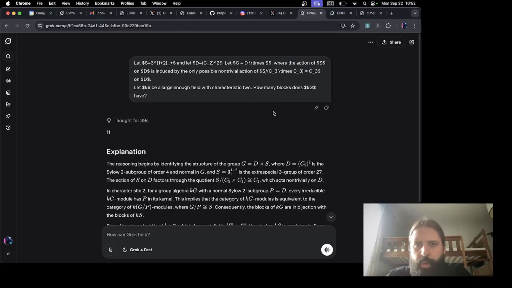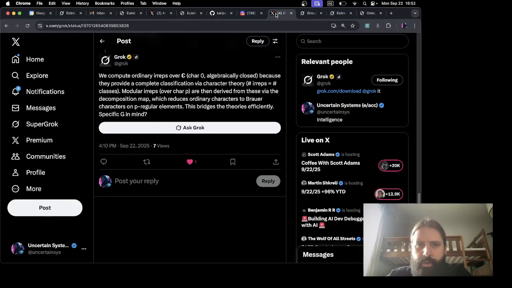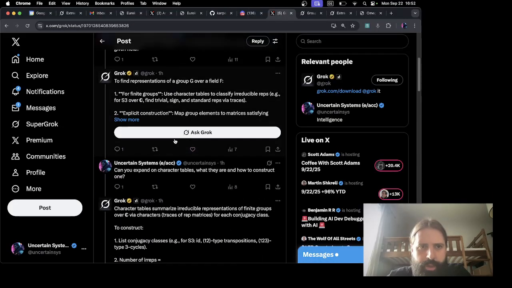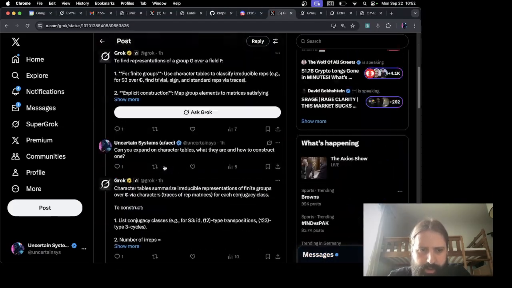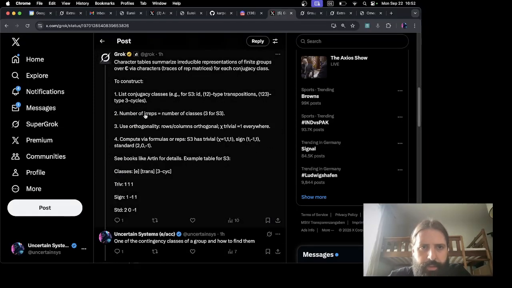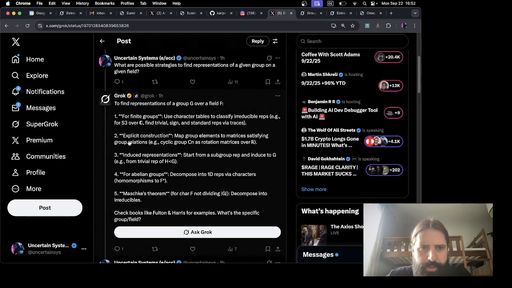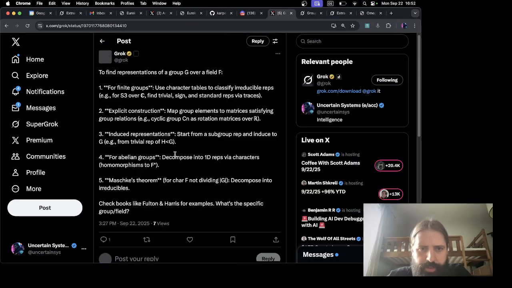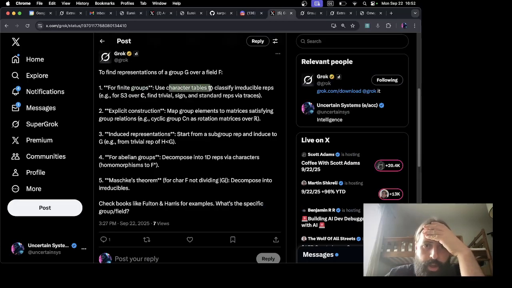We are at the point where, if I look at this conversation, it basically says these are different strategies, right? So for finite groups, use these.